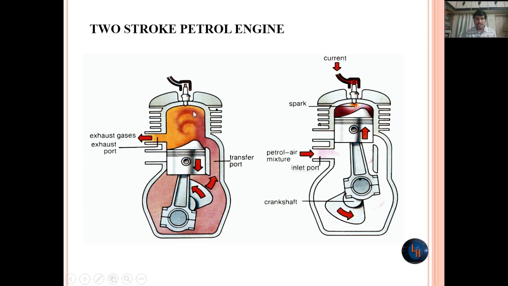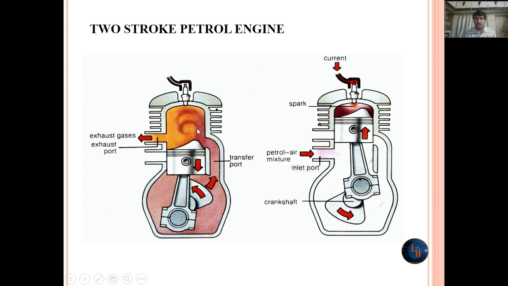When the piston travels from TDC to BDC, the inlet port is completely closed and the transfer port is open. At that time the exhaust port is also open and the burned gases come out from the cylinder to the atmosphere, because the temperature and pressure in the cylinder and the atmosphere are different.